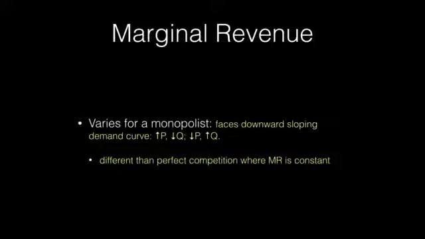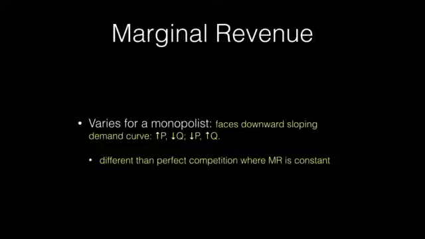A monopolist is the sole seller of a product. Therefore, it faces a downward sloping demand curve, and it has a distinct marginal revenue curve associated with that downward sloping demand curve. So realize that a monopolist, when it adjusts output, is also changing price because it faces a downward sloping demand curve.